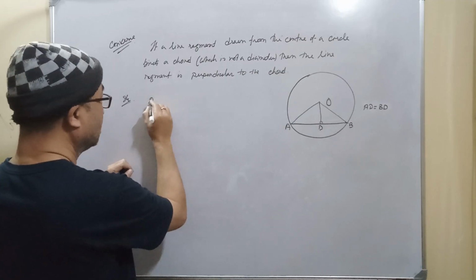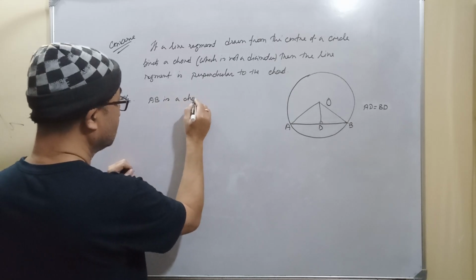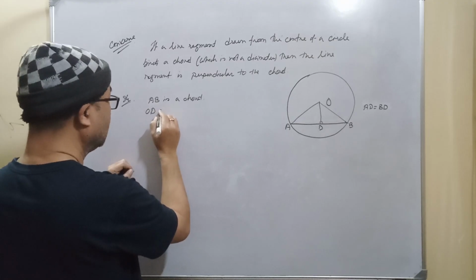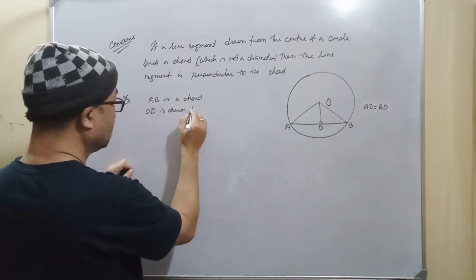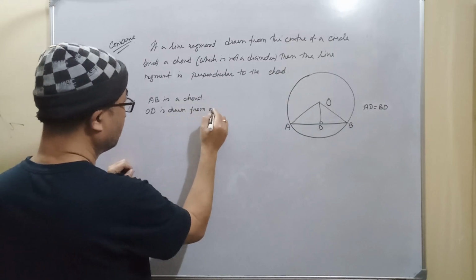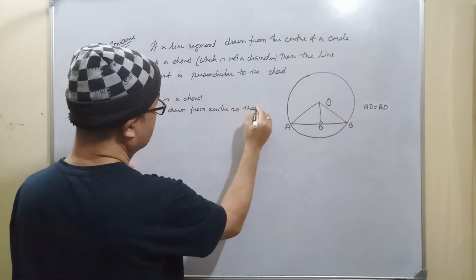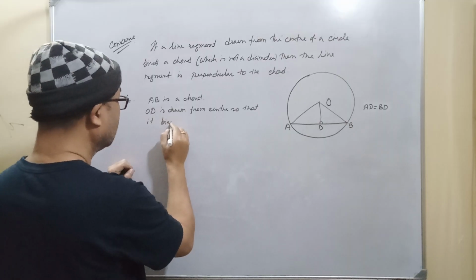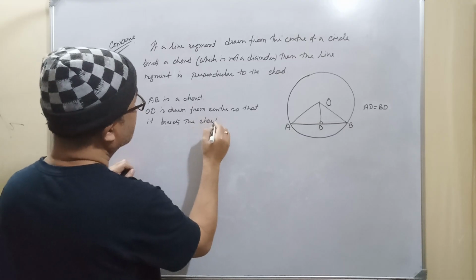We say AB is a chord, OD is drawn from the center so that it bisects the chord.